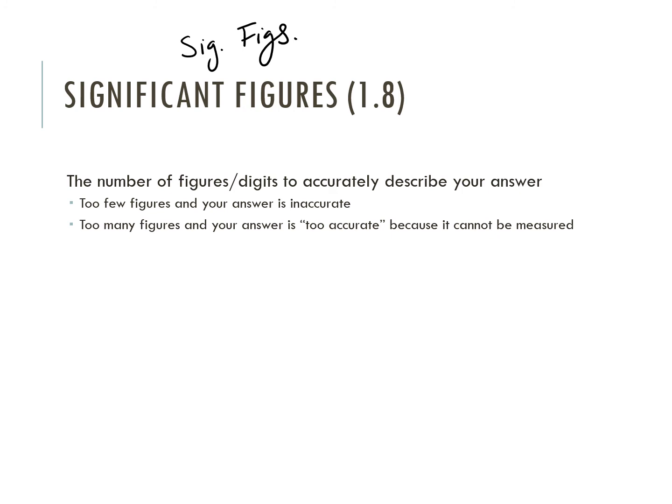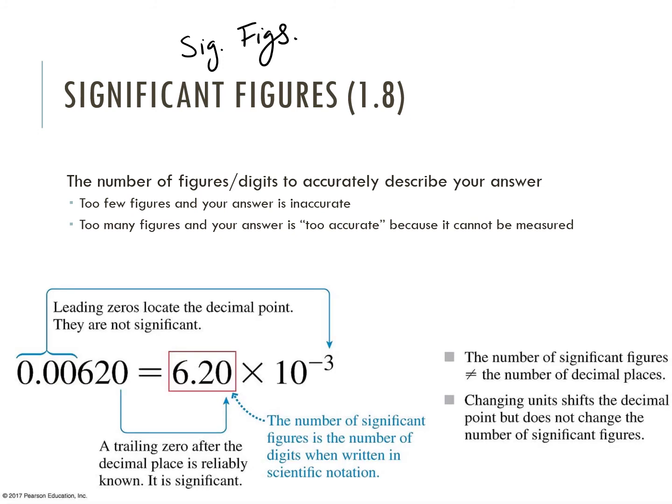You'll just be like, wow, that's really annoying. So the goal of significant figures is to accurately describe your value. And so with that, I think this schematic here from the textbook does a pretty good job explaining it. So here we have a number.